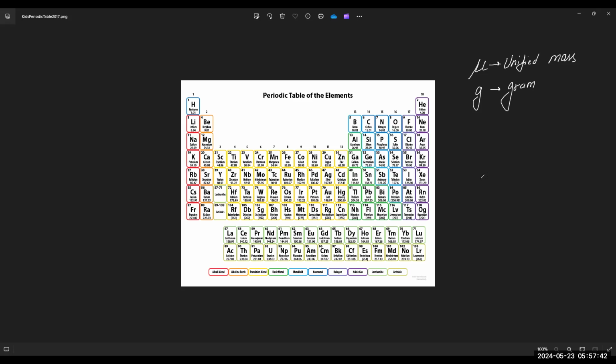Okay, so let's pick up oxygen. Can you give me the mass of 1 mole of oxygen atoms? Okay, let's take it as 16.00 gram, right? I'm taking 16.00 gram. Can you give me the mass of one atom of oxygen?